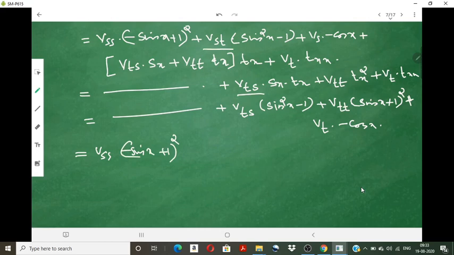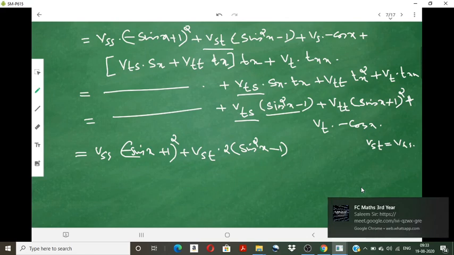Vts and Vst are the same, so its coefficient is sin square x minus 1. So Vst into 2 into sin square x minus 1.